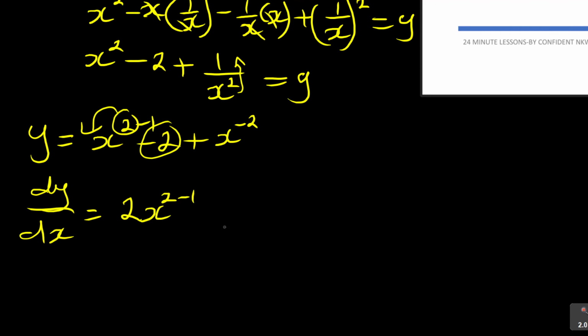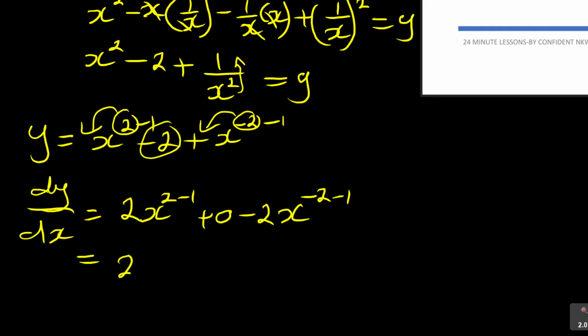Now if you see a number like that, it becomes 0. Plus, again here, you drop the negative 2, subtract 1, but you see that this plus is not going to work. It's simple, minus 2, x to the power minus 2 minus 1. Then you've got 2x to the power 2 minus 1 minus 2x to the power negative 3.